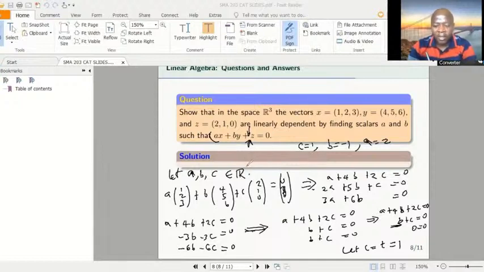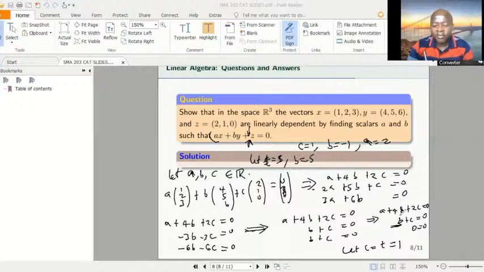So what I was saying is that if the question was left open, you would have chosen t to be anything. For instance, you would have let t be 5. If t is 5, that means c is 5, and that will then mean that b will be -5.